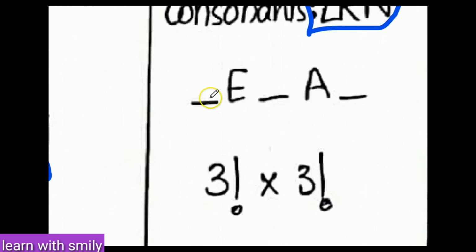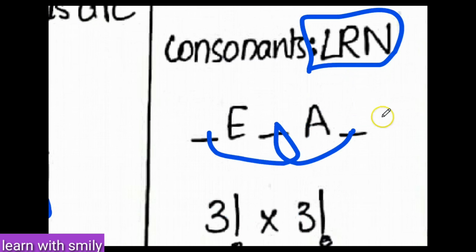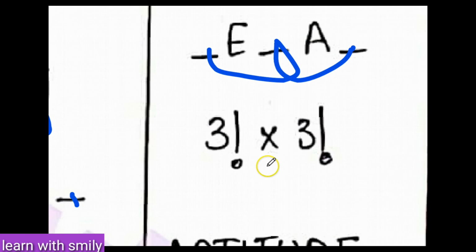So there are 3 ways in which this consonant block can be arranged, and within this consonant block there are 3 letters which can be arranged in 3 factorial ways, that is LRN or LNR, and so on, that is 6 ways we can arrange these letters. So that has been written as 3 factorial into 3 factorial.